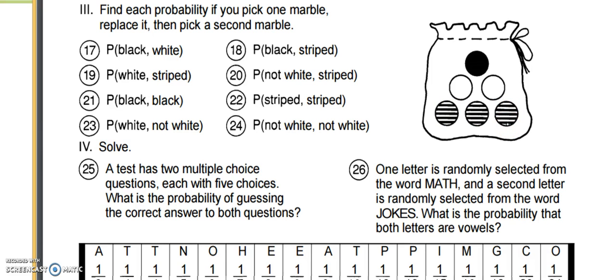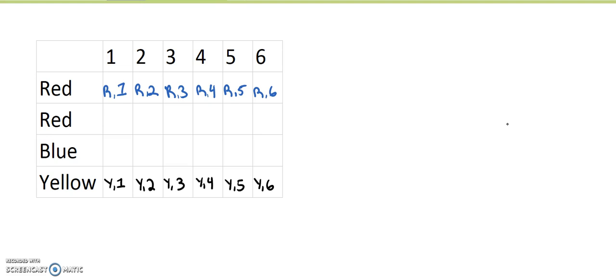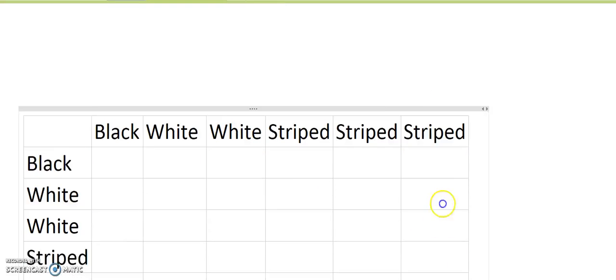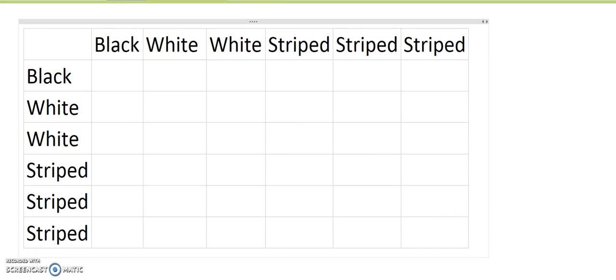Let's go back to our chart and start to fill this out. Here's our chart, and you can see that along the vertical I've got the one black marble. Sorry, this is the horizontal. One black marble, two whites, and three striped marbles. And I have the exact same thing down the vertical axis because I'm going to be using the exact same bag.